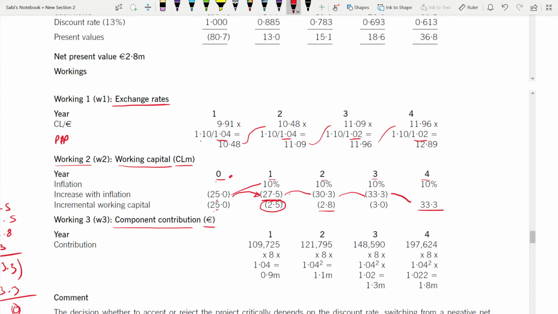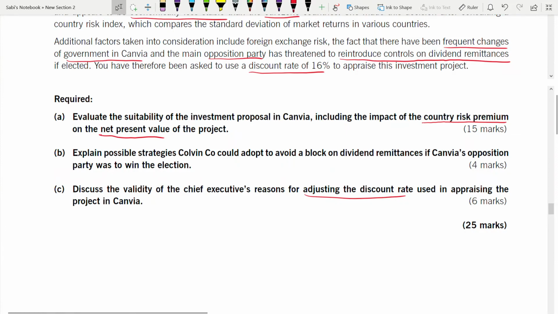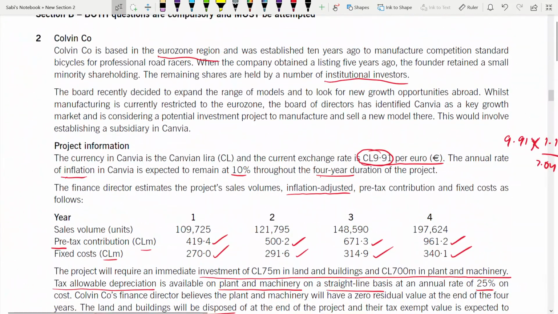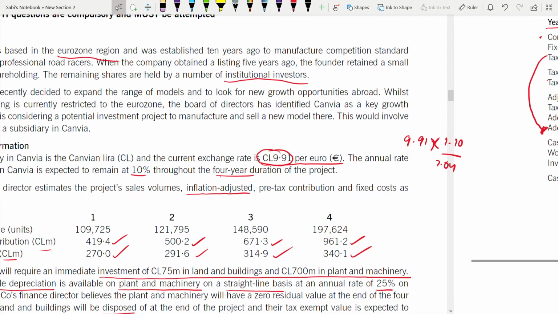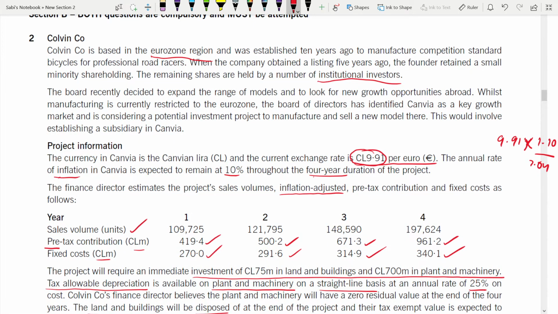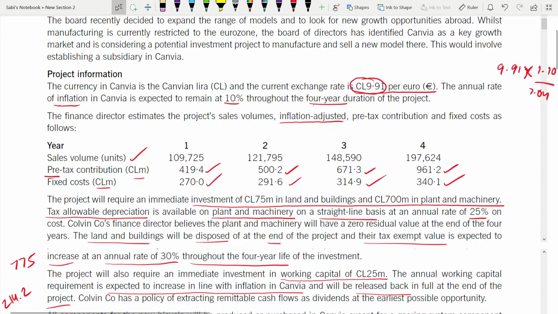So now, how do you calculate contribution? You have the units and you have the contribution per unit, whatever it is. So the sales volume units you have to take from here: 109, 121, 148. This will go now. And what is the contribution per unit if you see here?